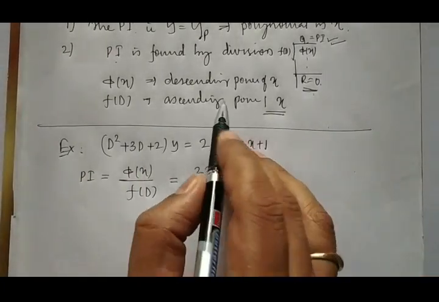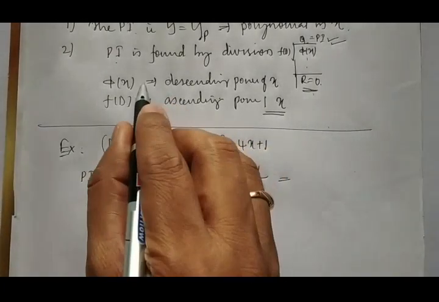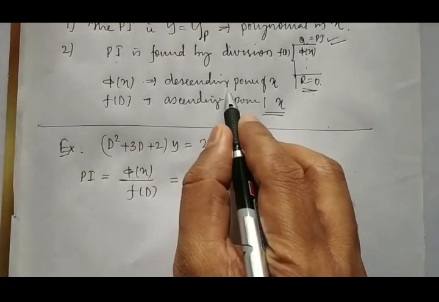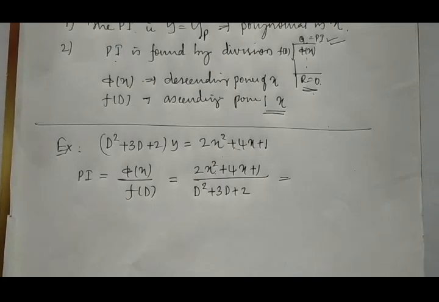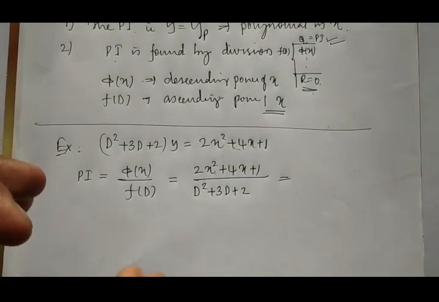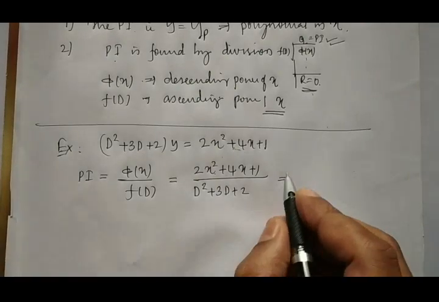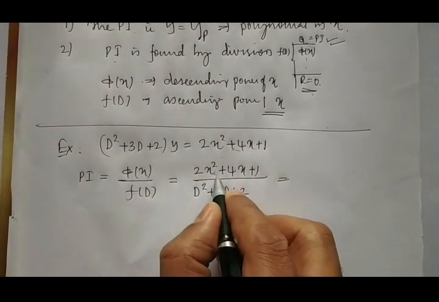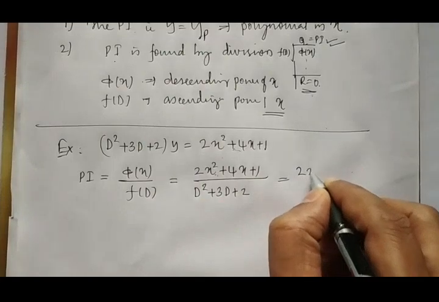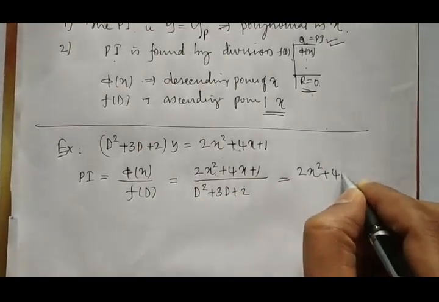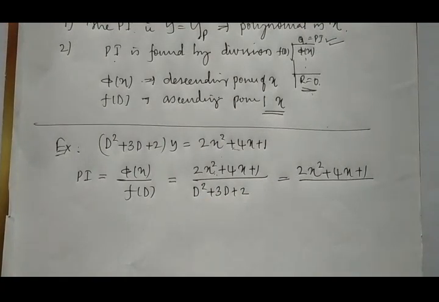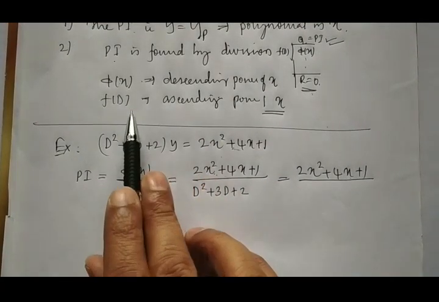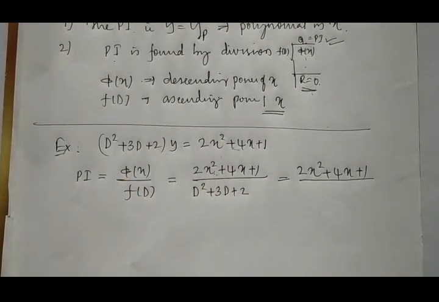But as per the hint, phi of x we need to write in descending order of x. Descending order of x means what? From higher power of x to lower power of x. Here it is already higher power first, so it is 2x square, then comes 4x plus 1. It is already given in descending power of x. Then f of D has to be taken in ascending power of x.